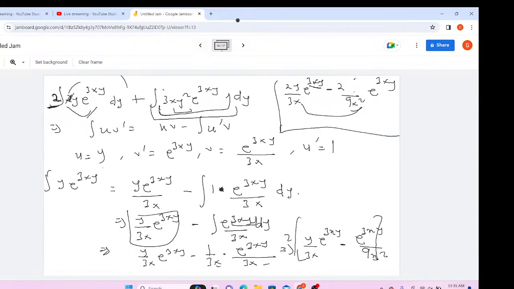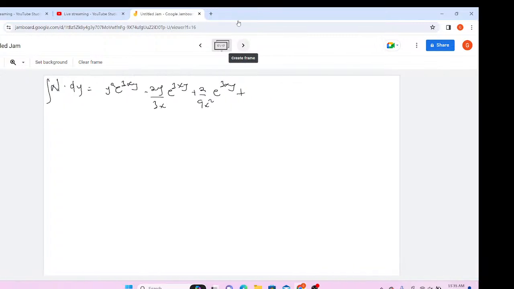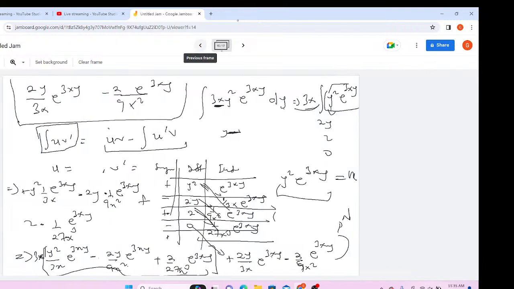So this was our N. It had this part and then this part. This part gave us 2y on 3x exponential 3xy minus 2 on 9x squared exponential 3xy.